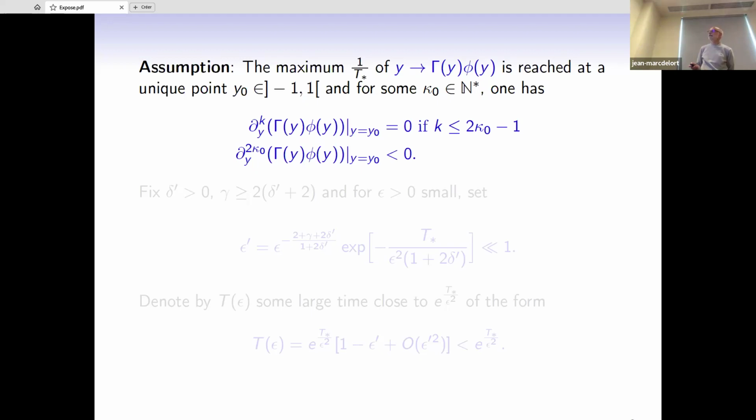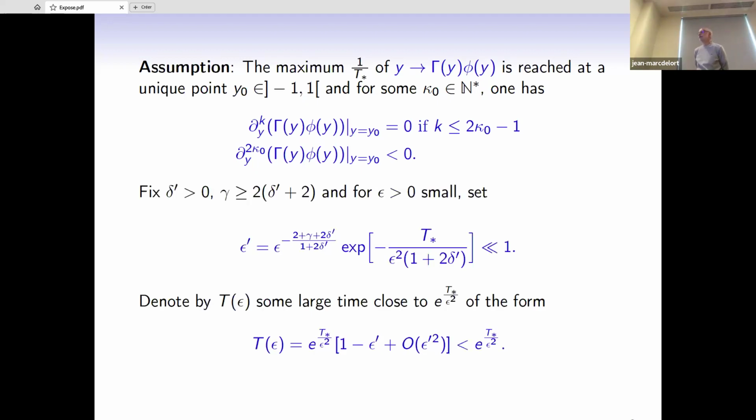Next, let me define the time t of epsilon. So I called e to the T star of epsilon square the blowing up time. Now let me take a time slightly smaller, that is, let me multiply at the denominator epsilon squared by 1 plus 2 delta prime, some positive constant. And let me take the inverse of that. So I get some exponentially small number.